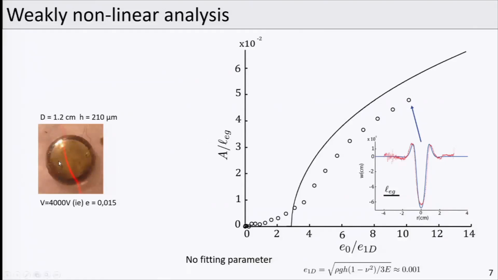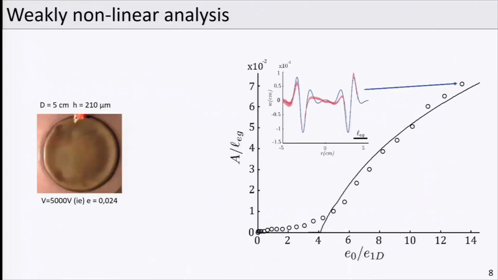So that's for a small electrode. The plain line is the numerics, and the dots are the experiment. You see that the agreement is reasonable. There's no fitting parameter here, and the shape, if we compare, is also pretty good. And if we go to larger electrodes, then the agreement is even better, and the shape is also quite good.